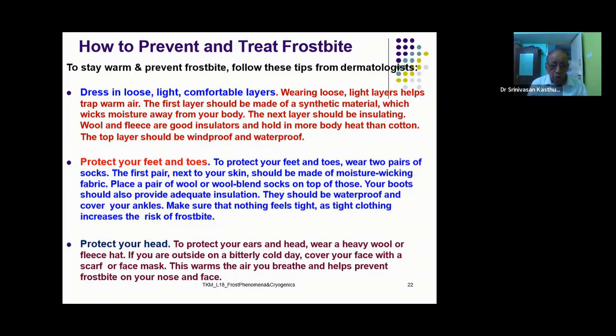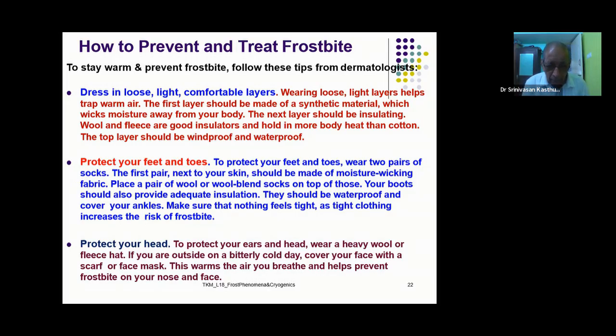Your boots should also provide adequate insulation. They should be waterproof and cover your ankles. Make sure that nothing feels tight, as tight clothing generally increases the risk of frostbite. So you should make sure that you have a proper type of protection for your feet and toes.